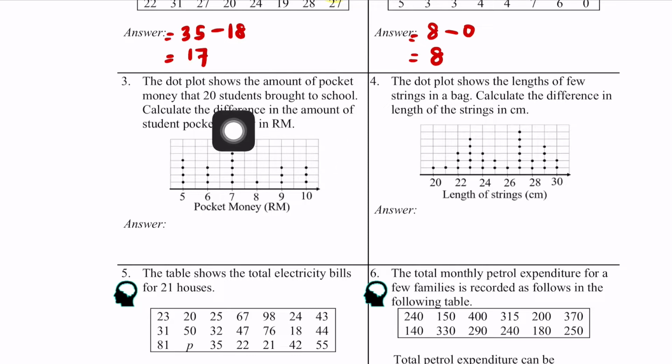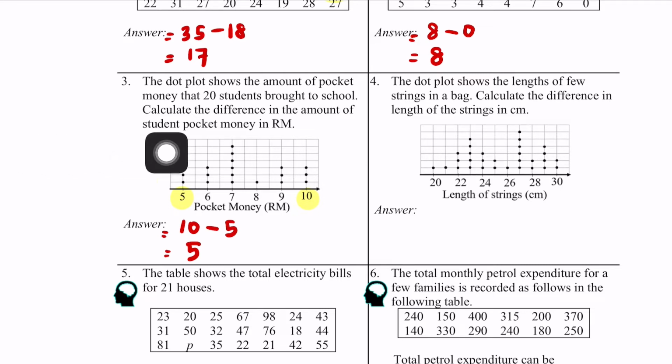We have the highest amount is 10 ringgit and the lowest is 5, because the question only mentioned the amount of pocket money, not the total amount based on the 20 students. So the highest pocket money is 10 ringgit, 10 minus lowest 5. The difference is 5 ringgit.